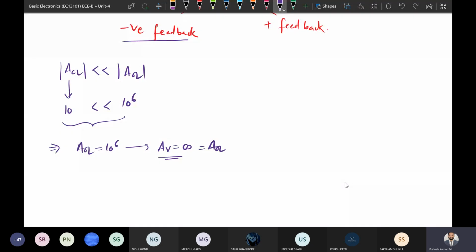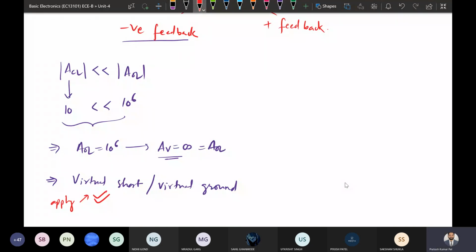If the gain is considered to be infinity, then we can use the virtual short concept or virtual ground concept we have seen. If the closed loop gain is very much less than the open loop gain, then the open loop gain can be considered as infinity, so we can apply the virtual short or virtual ground concept.